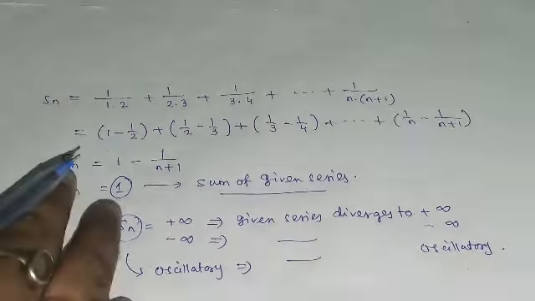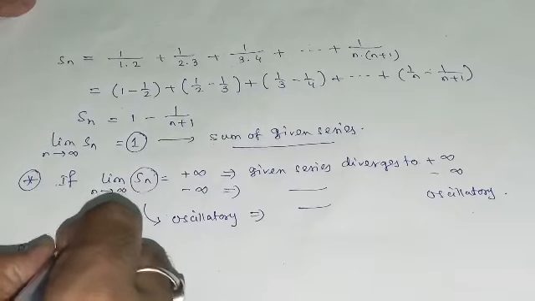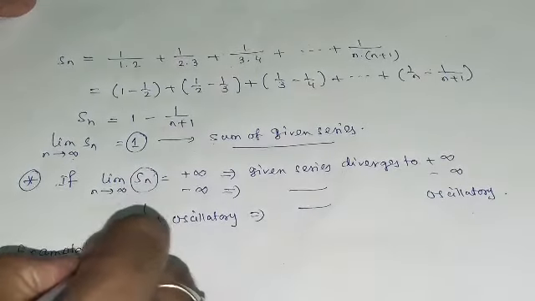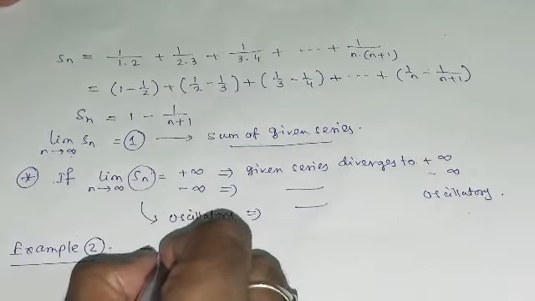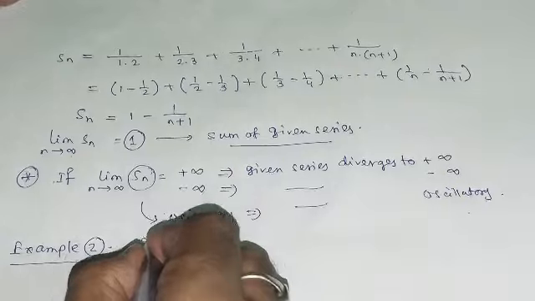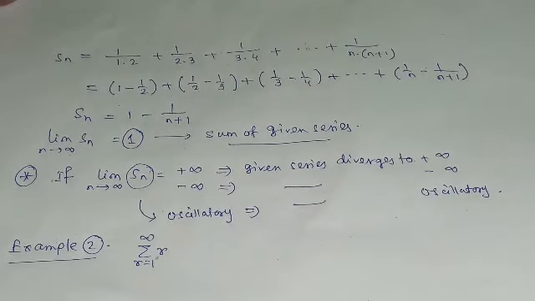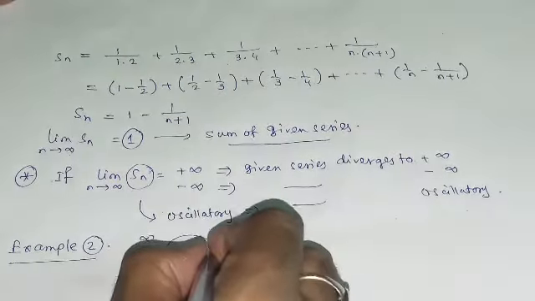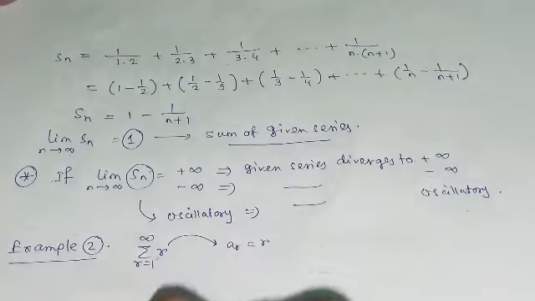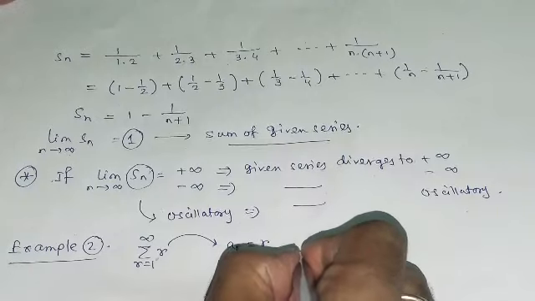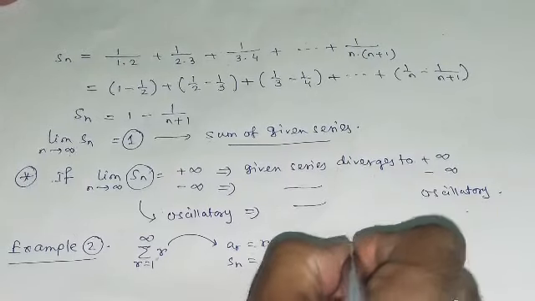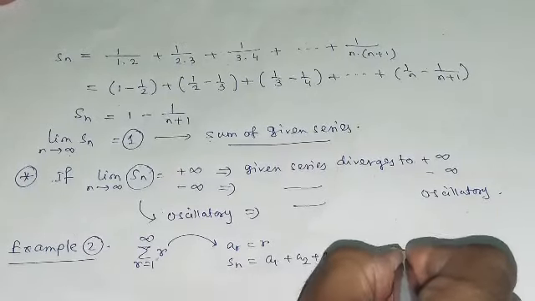So our first example, just consider example number 2 of this video. Consider the summation of r, where r runs from 1 to infinity. In this case we have a_r equal to r, and obviously Sn will be a1 plus a2 plus a3 plus up to an.